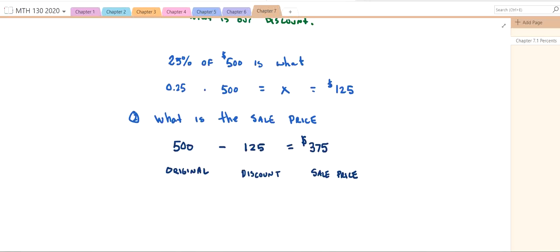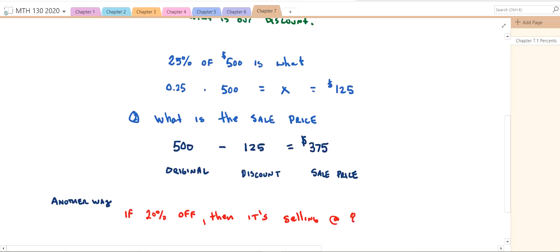Now, we could have done this whole thing another way. So, if this thing is 20% off, then it's selling logically at 80% of its original price.